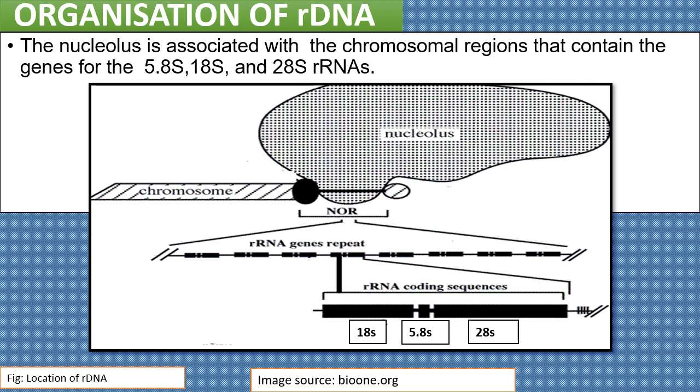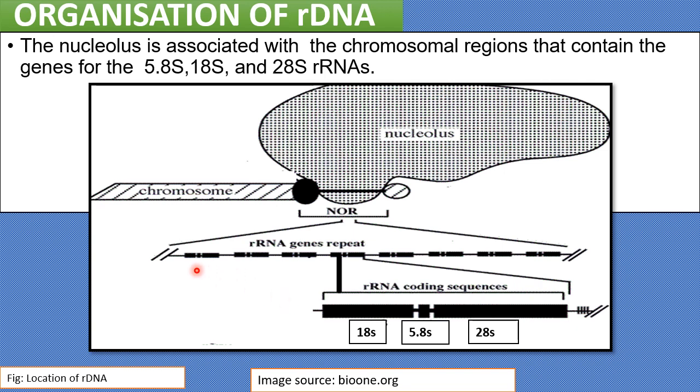Cells require a large number of ribosomes, so a single copy of ribosomal DNA cannot fulfill the cell's necessity for many ribosomes, and due to this, all organisms contain multiple ribosomal DNA copies in tandem repeats. A tandem repeat means a sequence of DNA composed of two or more base pairs that is repeated in such a manner that the copies lie adjacent to each other in the same chromosome.